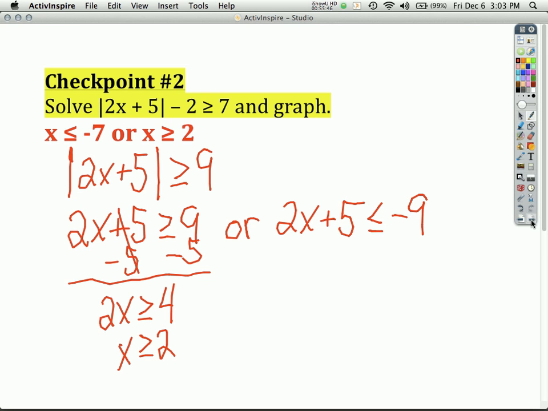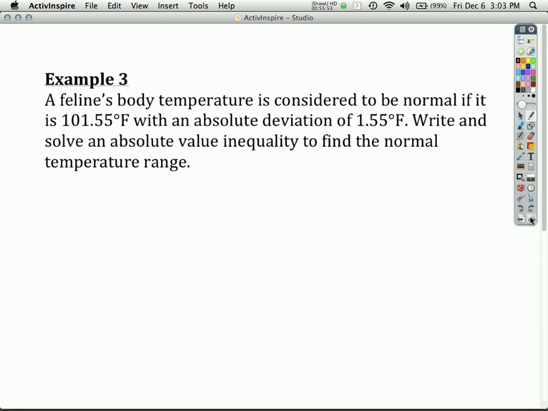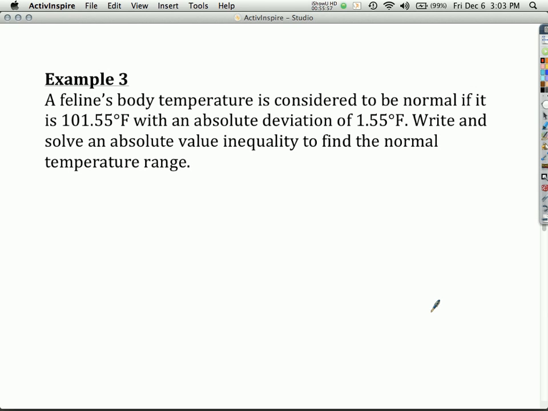All right, so now you need to put your pencils down, because we're not going to be able to work through number 3 together, but I just want to introduce the idea. So please take 30 seconds and read example 3. Do not write anything.